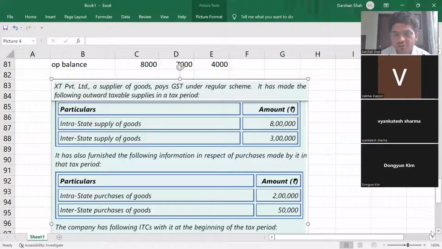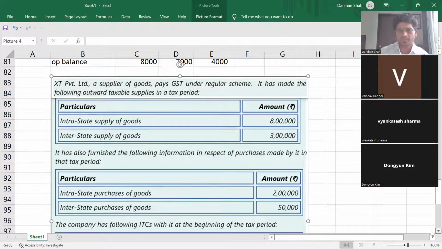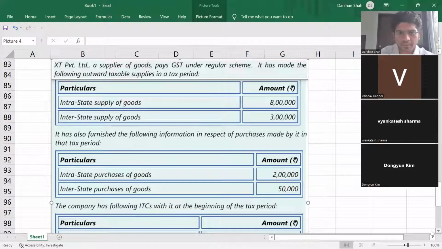Intra-state supply of goods. Guys, if it is an intra-state supply of goods, which GSTs will come? CGST and SGST. Then interstate supply of goods will have IGST. So these are my outward supplies.